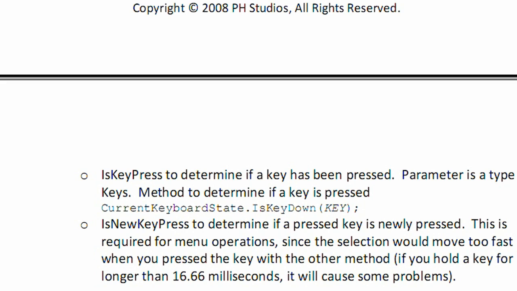Like in a menu, if we press down, we want it to go down 1, right? Not 20. If you press it longer than 16.66 milliseconds, it will jump more than just 1. So we need to determine if it's a new key press, and if it is, we move the selected menu item down. If it is not, we just leave the current menu selection.